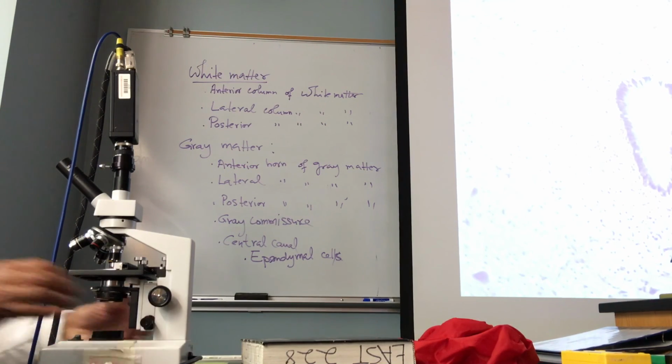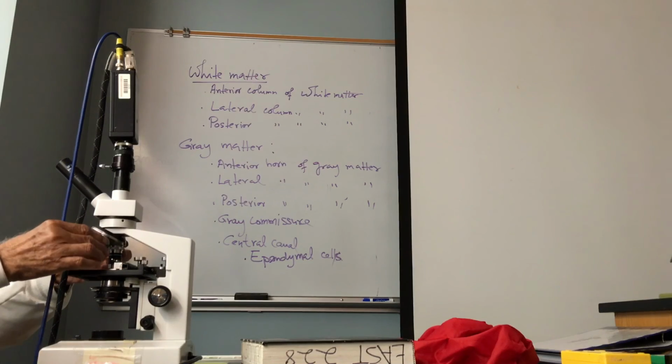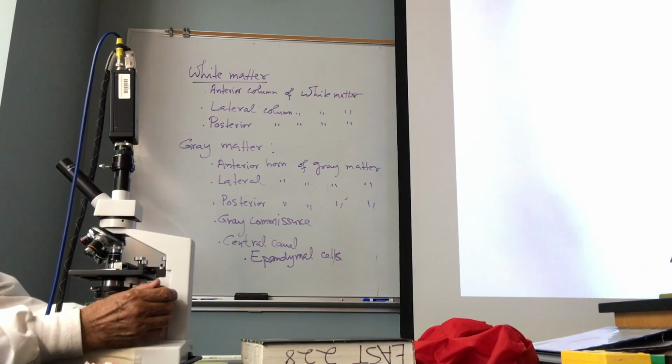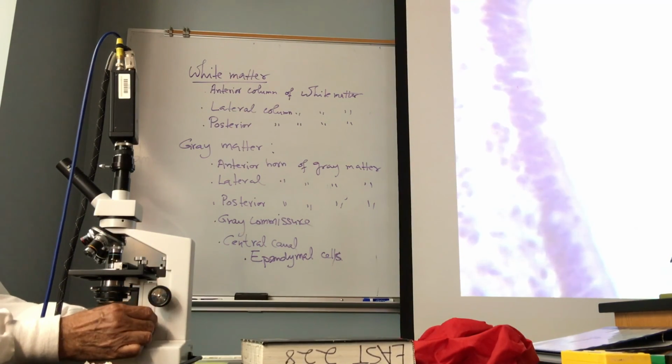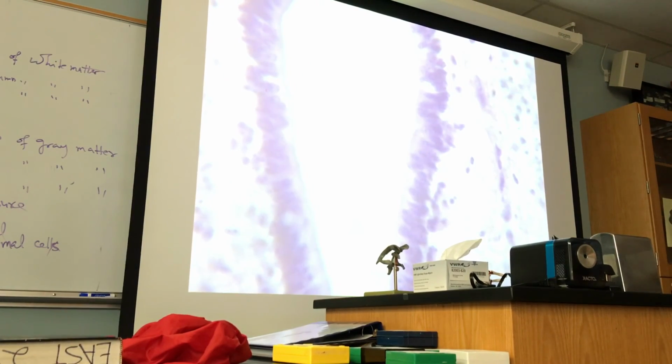Can you see the epithelium there? Columnar, simple columnar epithelium formed of ependymal cells. Okay. These ependymal cells secrete and circulate cerebrospinal fluid. We already talked about that. So when I magnify, the cells are larger, and you can even see the cilia of the cells.